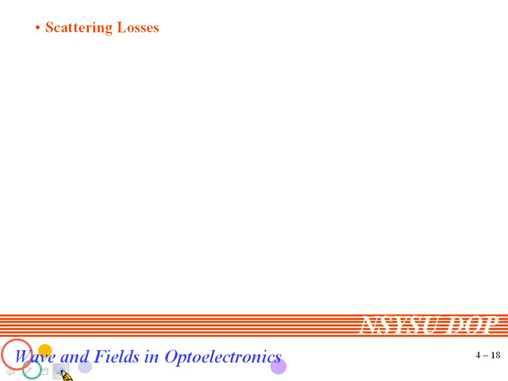The first waveguide loss we will discuss is scattering loss. The scattering loss has two types. One is volume scattering.